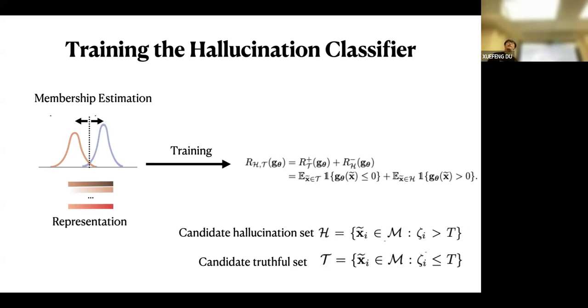We need the labeled validation set in order to determine these hyperparameters. But in practice, we only use 100 questions and answers with their ground truths in order to determine the threshold. So this should not be a very strong requirement in practice.